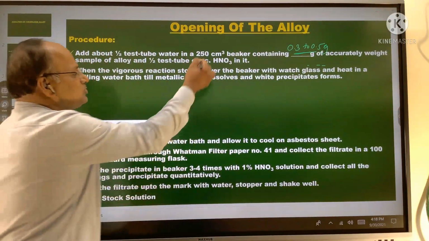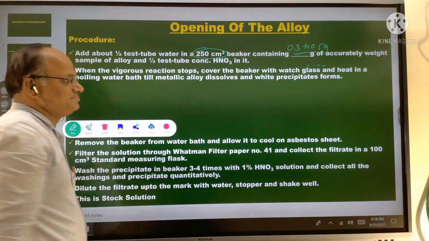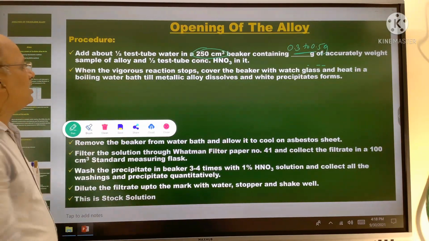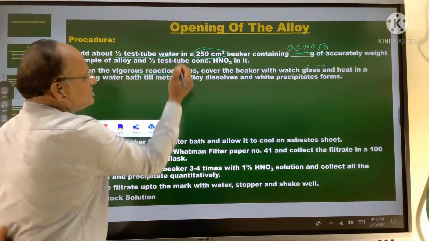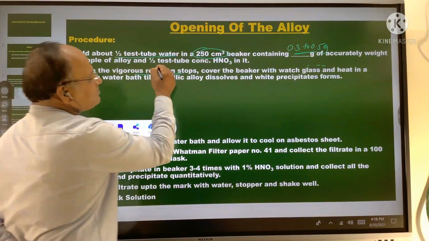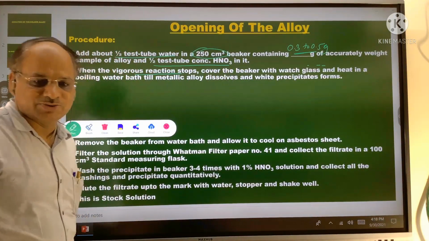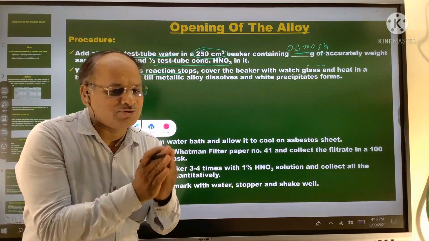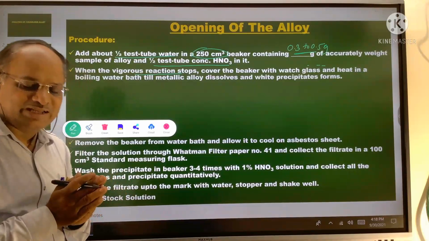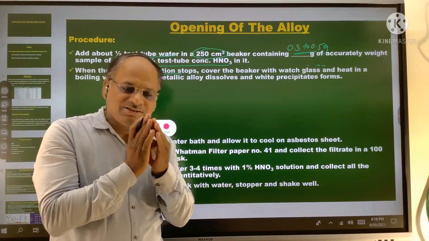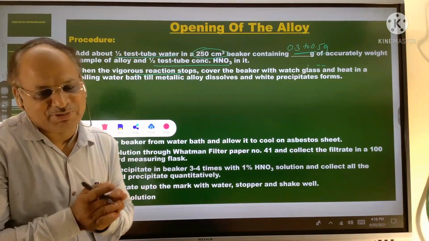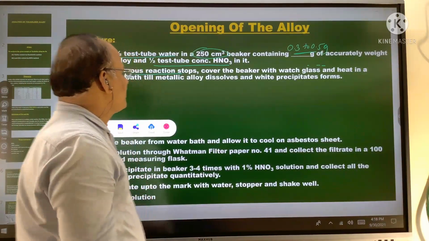Okay, take it in a 250 ml beaker. Then add in that beaker half test tube of distilled water and half test tube of concentrated HNO3. That means 1:1 HNO3. 1:1 HNO3 means 50% concentrated HNO3 and 50% water.